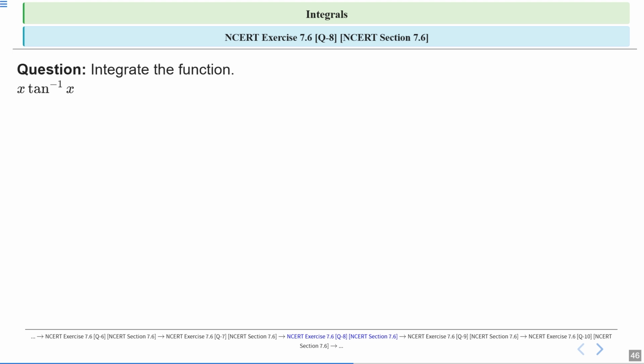x tan inverse x. Same as question number 7. Here, one is an algebraic function, another is an inverse trigonometric function.